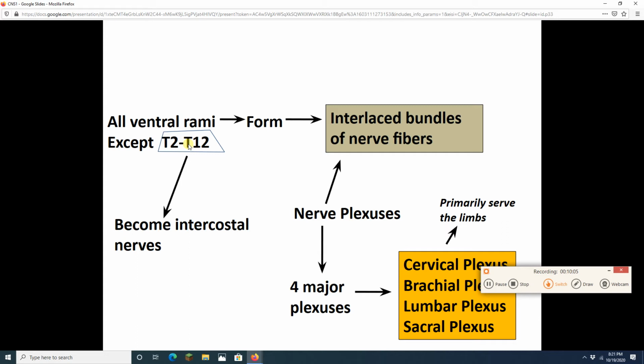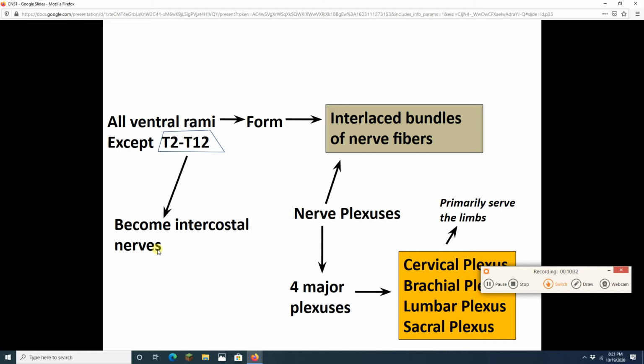Now those guys, those ventral rami, become what are called intercostal nerves, which are going to go between the ribs. And that's where we're talking about that anterior trunk there, okay? So T2 to T12, the ventral rami, the front branches of the spinal nerve, they are going to become intercostal nerves, which are going to deal with that anterior trunk for us.